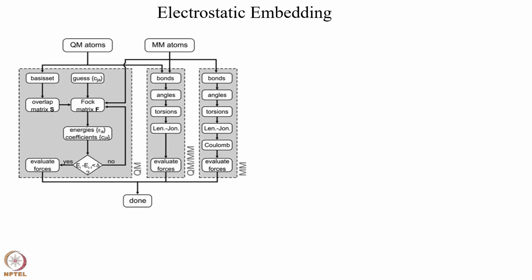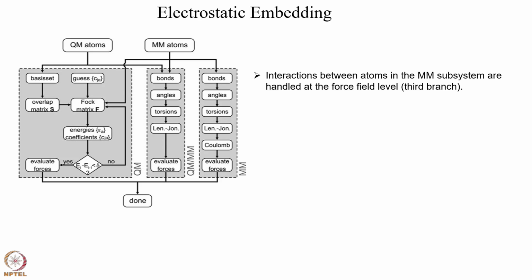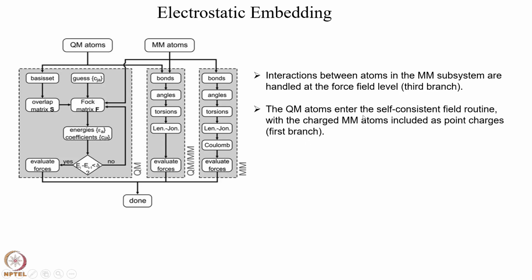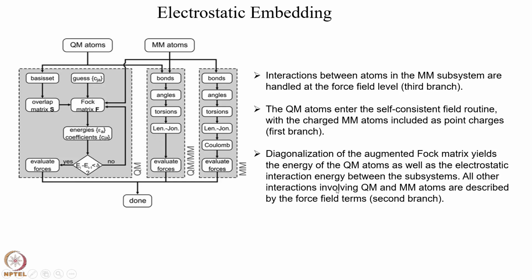So, what happens in electrostatic embedding is that the interaction between the atoms in the subsystems is handled at the QM level only. The MM atoms enter the self consistent field routine through their charges, and then you diagonalize the augmented Fock matrix. So, what happens is that you first calculate the MM region.